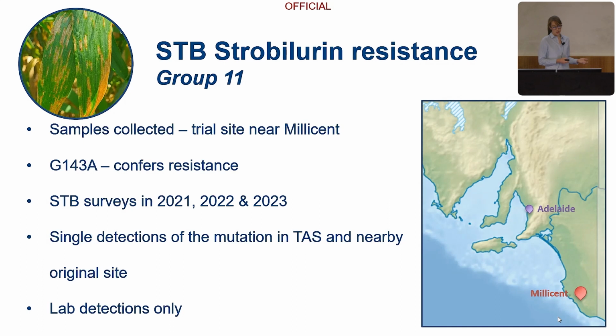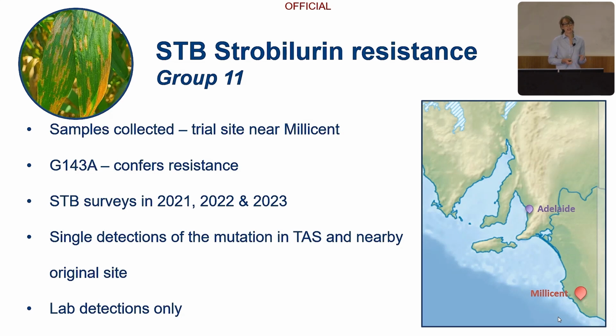So this mutation that was detected from a trial site has the G143A resistance gene, and mutation which we know confers resistance. Surveys that were then conducted in collaboration with the CCDM's fungicide resistance group through 2021, 2022 and 2023 showed that this was not widespread.